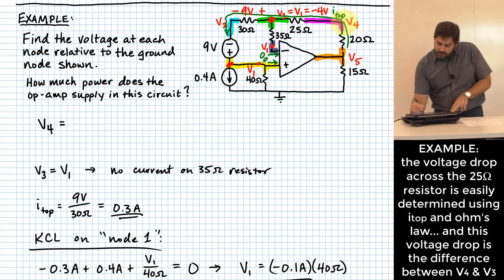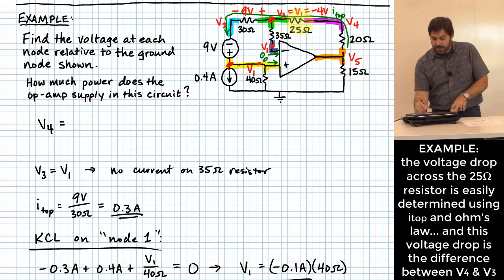I could do a nodal equation for V4, or I could just say, I know how much current flows through this 25 ohm resistor, right? If I know that current, can I easily find the voltage across that 25 ohm resistor? All I do is take current times resistance to get voltage, right?